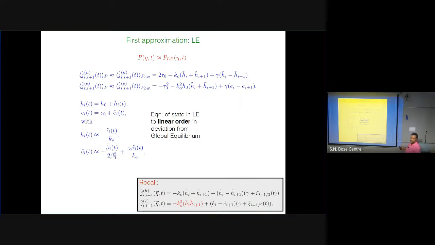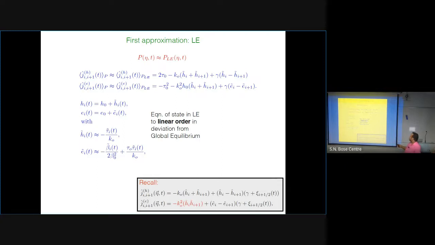It's linear, because I'm writing these quantities at linear order in deviations. And where does this come from? From the harmonic. No, we have an expression for this. I'm just evaluating this quantity in this state, and you get this term.